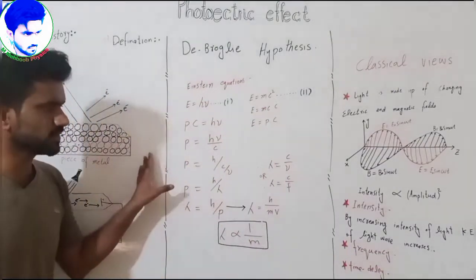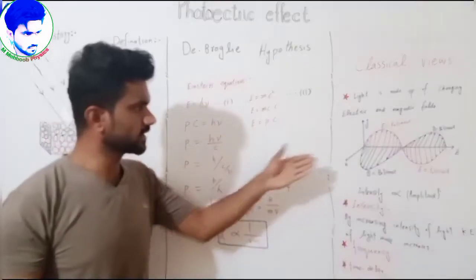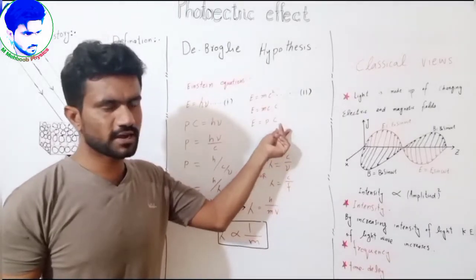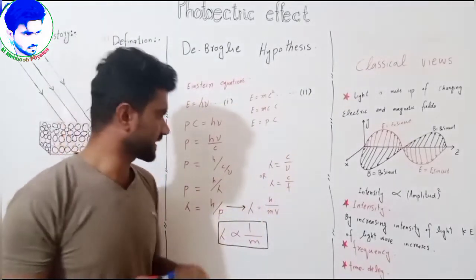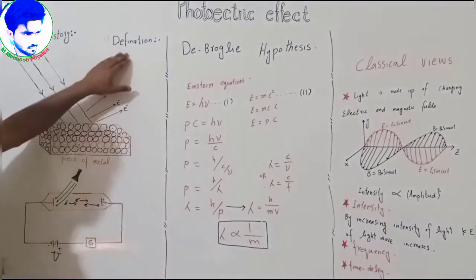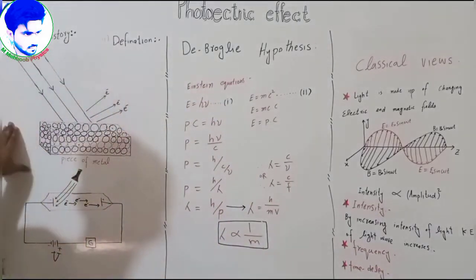Photons move with the speed of light, which is equal to 3 cross 10 raised to the power 8 meter per second. Now comes the definition of the photoelectric effect.